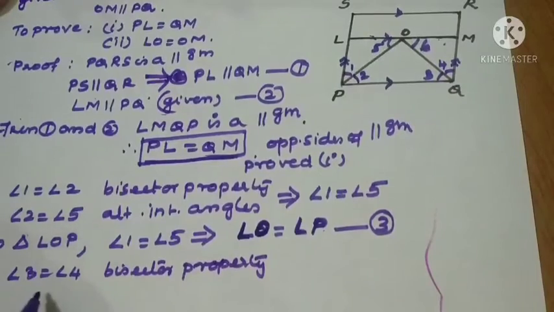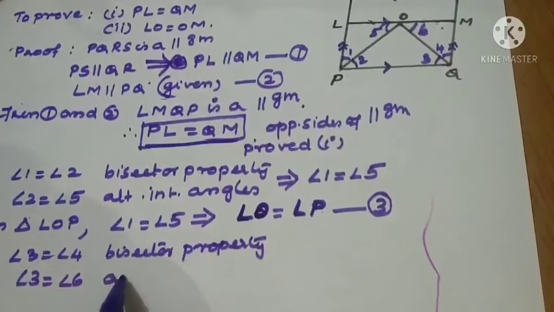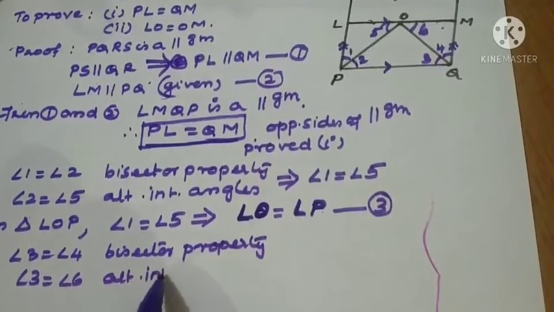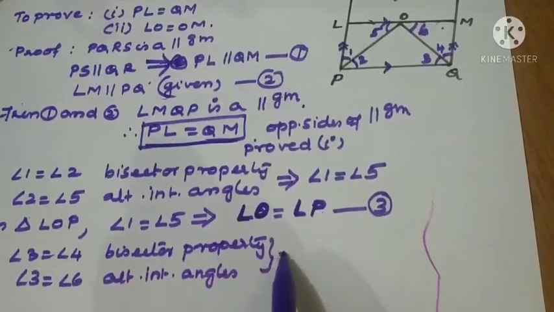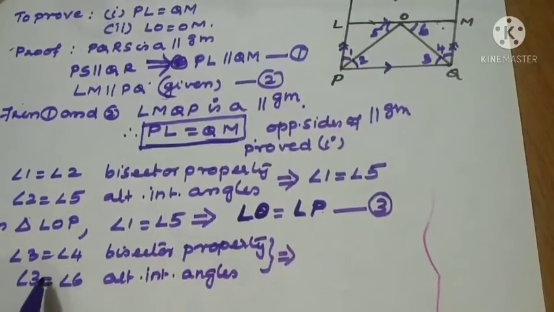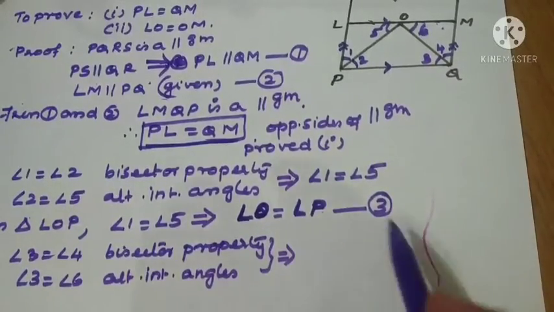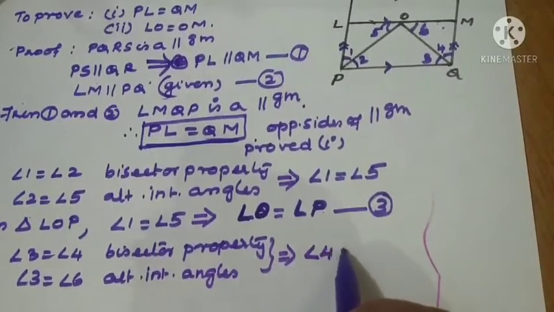Now angle 3 equal to angle 6. Which property now? Alternate interior angle. By this what you can write? 3 equal to 4, 3 equal to 6 implies angle 4 equal to angle 6.